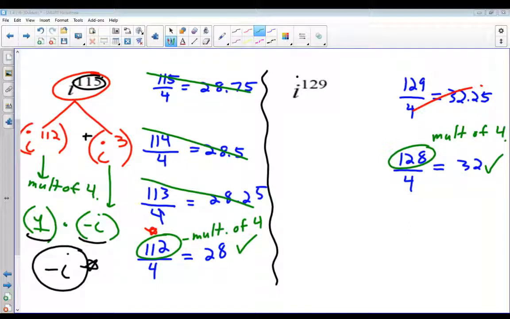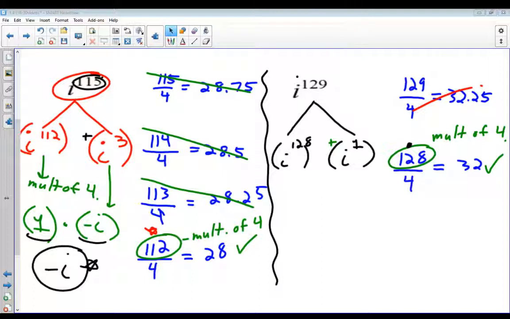So let's use that number. With that said, I'm going to take 129 and split it into 2 different i's. The first i, I'm going to have a power of 128. And I got that from over here. The second i has to have a power that will add to 129, which in this case would be 1. So therefore, 128 plus 1 gives you 129.